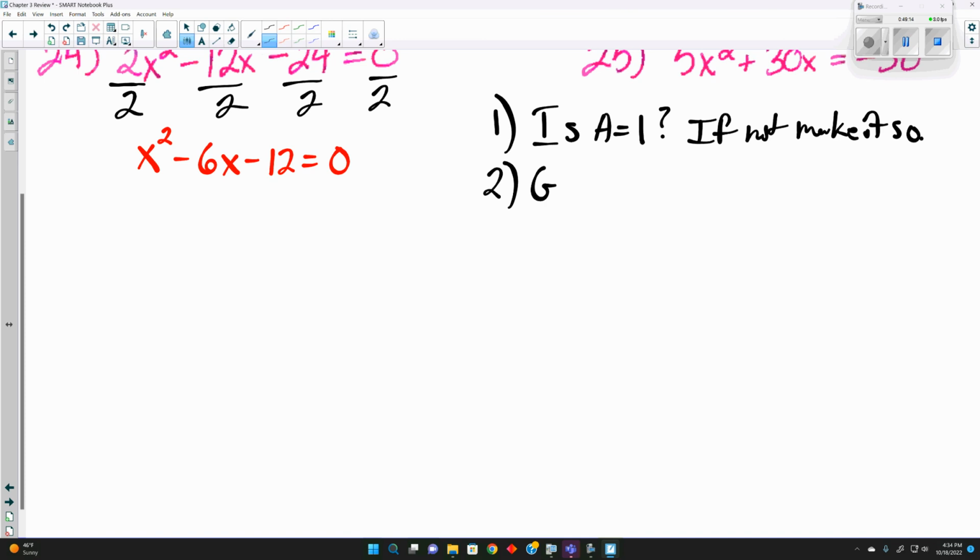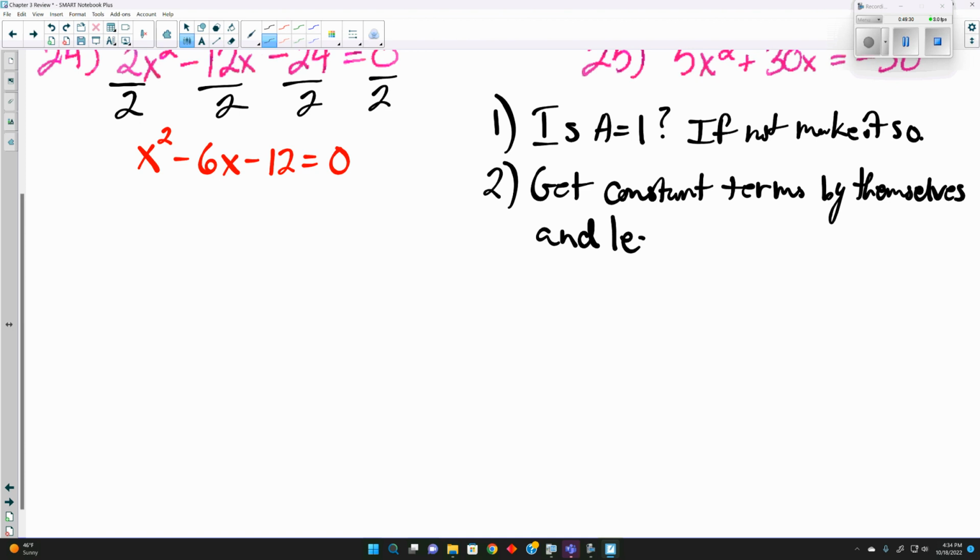Second step, get constant terms by themselves, and leave 2 spaces. We're also kind of saying that we want the x squared and x terms to be on one side also. So here we're going to add 12 to both sides and leave 2 spaces.